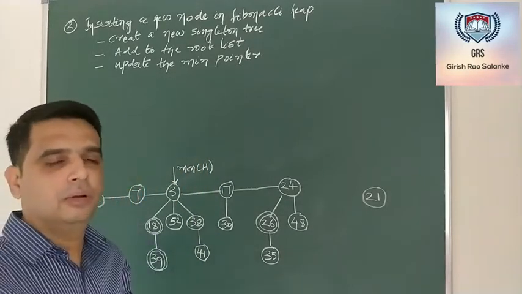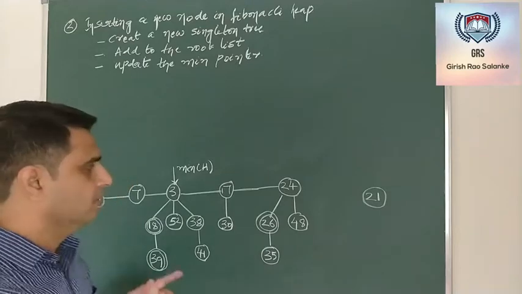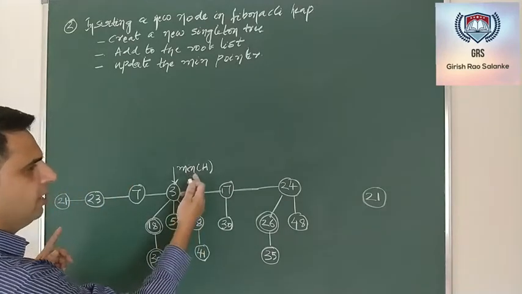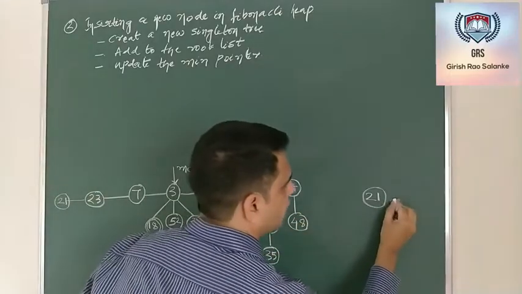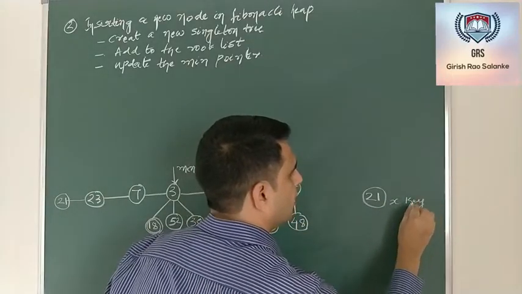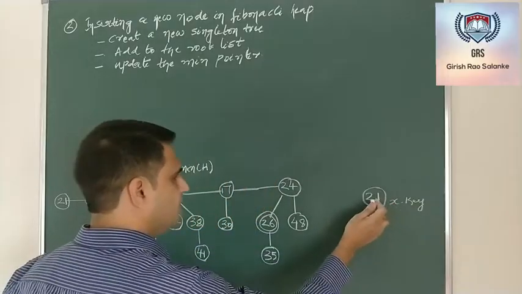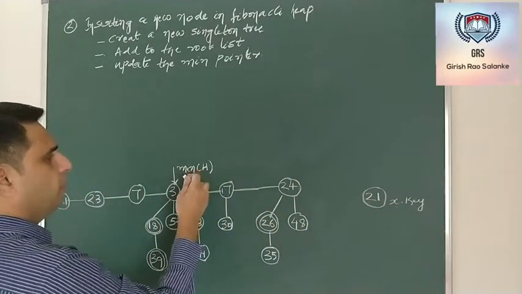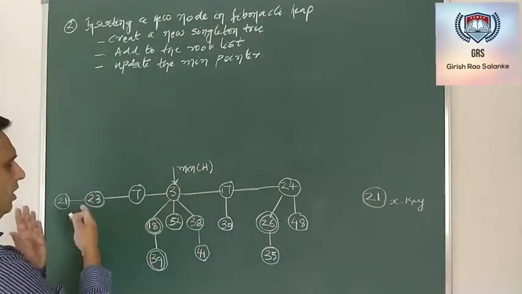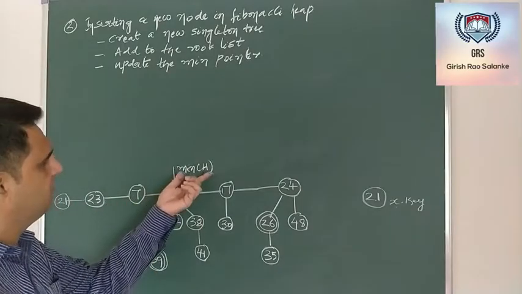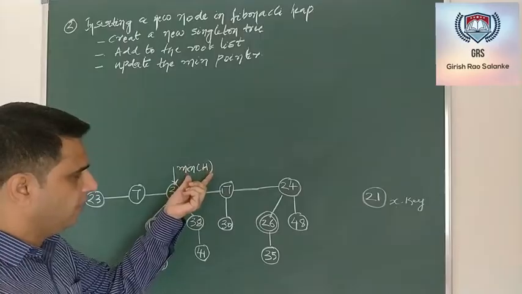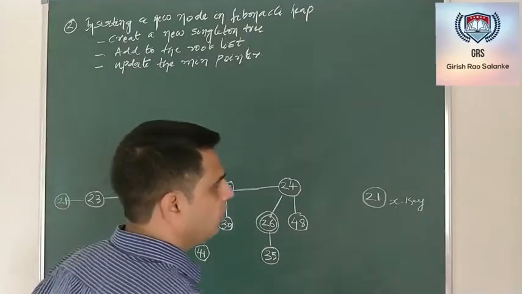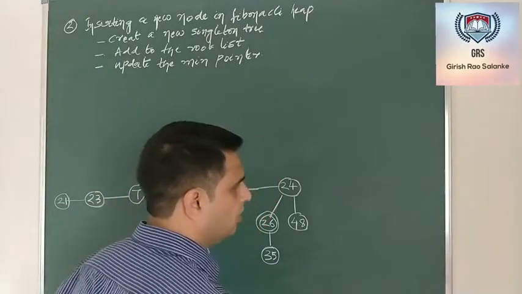Now why do I need to update the min pointer? Say for example, in this case, it was 21. That means this was my x dot key. X dot key is 21, which is greater than min of h. So there is no necessity for me to change the value of min of h. Assume that if this min of h is 3 and the new node to be inserted was 2.